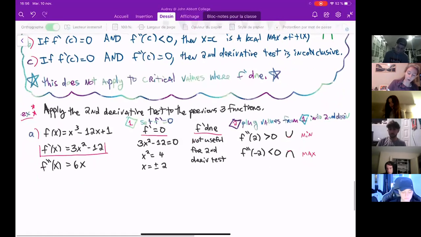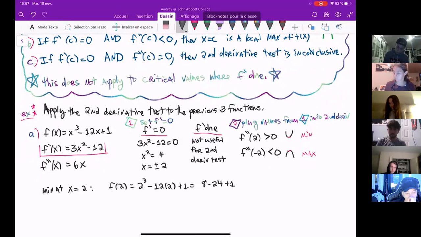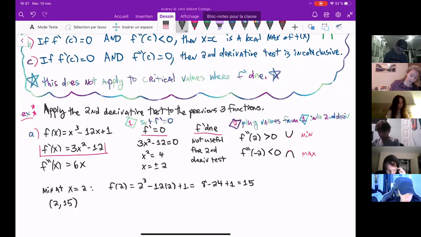So we're able to make our conclusion then that this has a min at x equals 2. f of 2 is 2 cubed minus 12 times 2 plus 1, which is 8 minus 24 plus 1. So my min is at negative 15, and then I have a max at x equals negative 2.